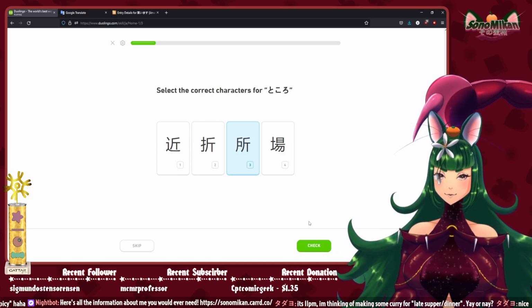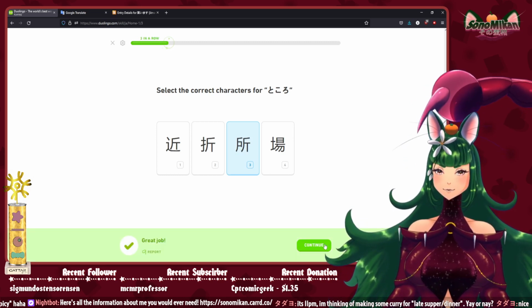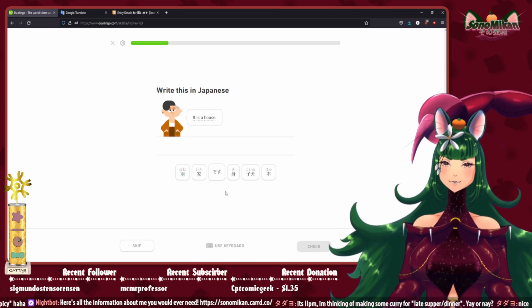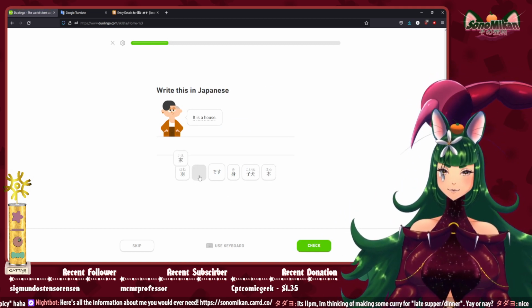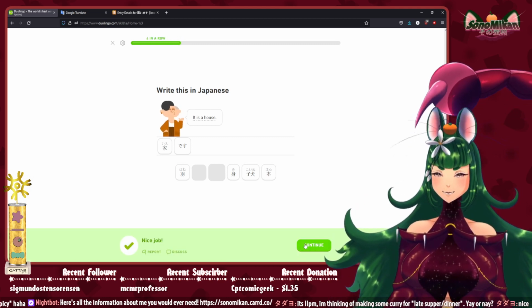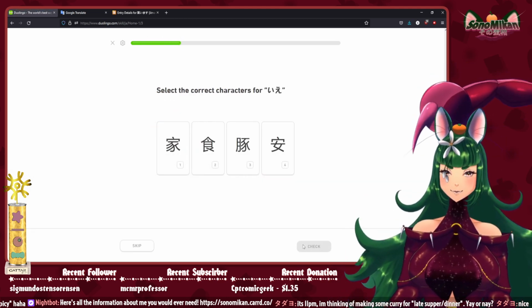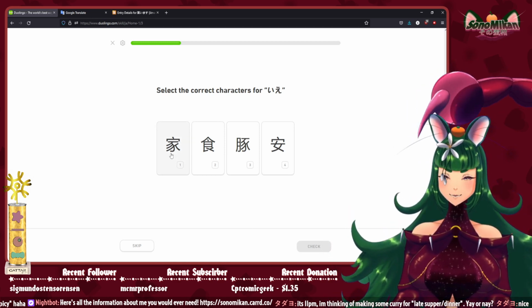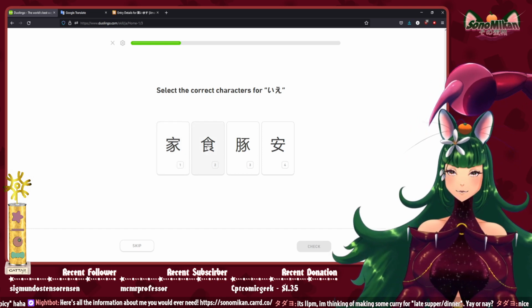Dokoro. Which was this? Yeah, this. A house. No, that's window. That's mado.